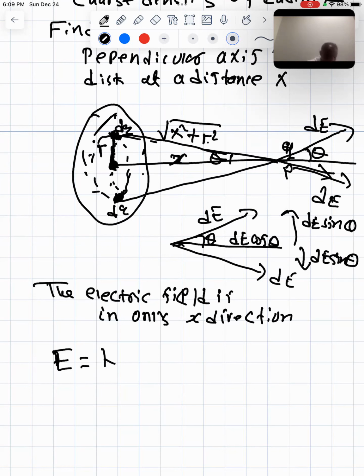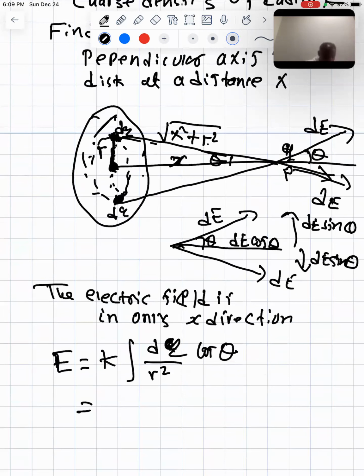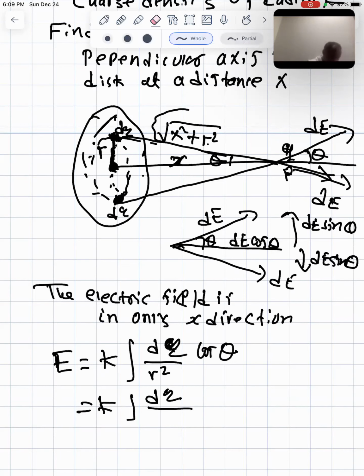Don't worry, it's simple. The electric field from our definition is going to be k dq over r squared, but we have the electric field only in the x direction, so you have to use cosine of theta. Here the distance from dq to point P is not R, so I don't want to use R. So it is dq over the distance from here to here squared, which is x squared plus r squared.